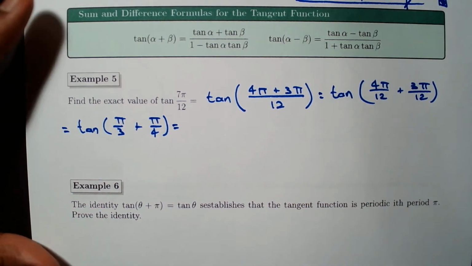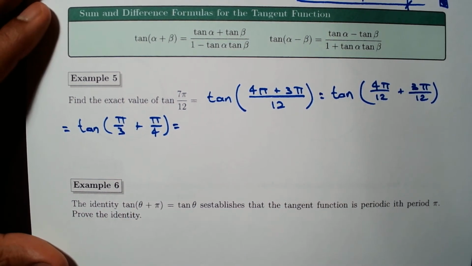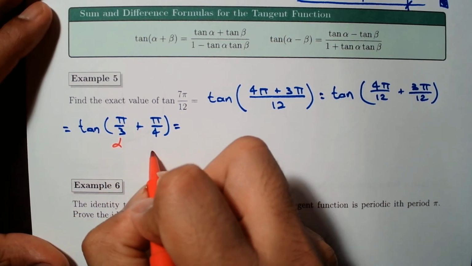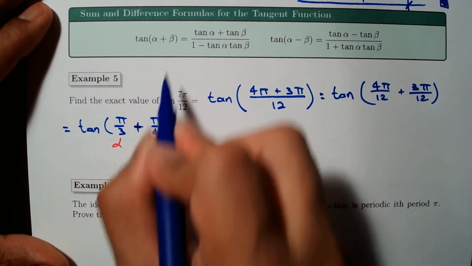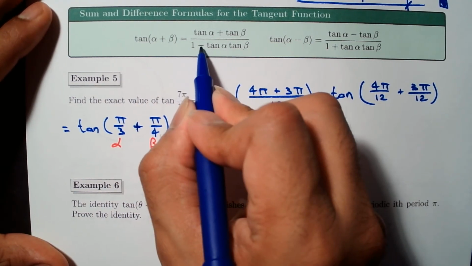Keep in mind, let's consider this as our alpha and this is our beta. So we're going to use the first formula, the one that has a plus, plus, minus.